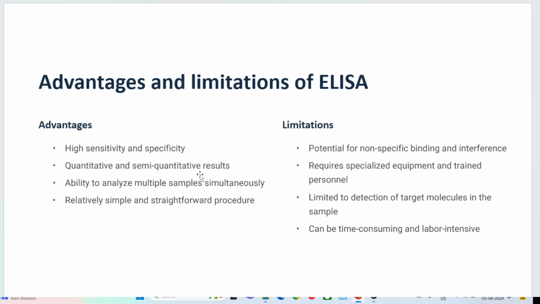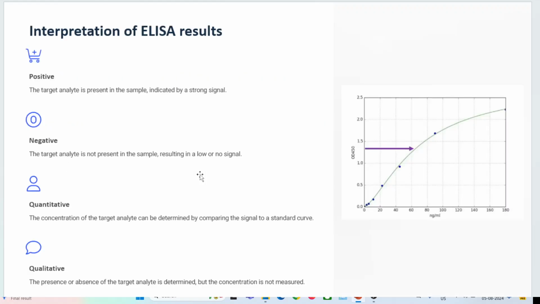So all this takes a lot of labor, and it takes almost half a day. That is why it takes a lot of manpower. This is how it works. And if there is non-specific binding or any interference between the molecules, that will give poor results, which is one of the limitations of ELISA.